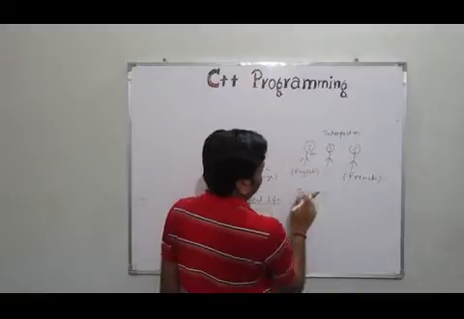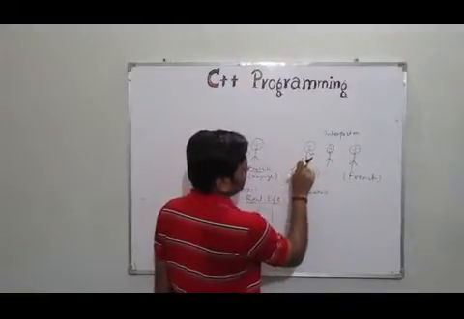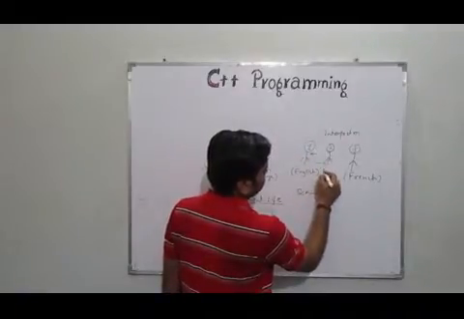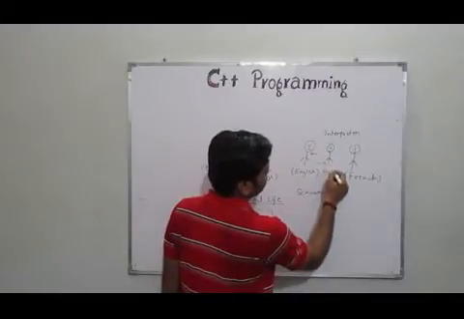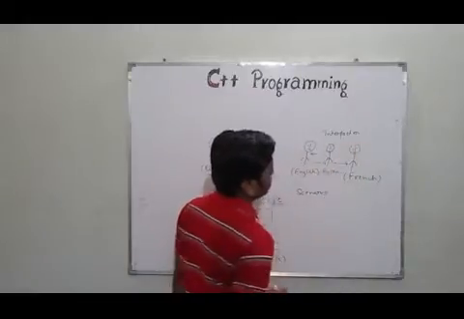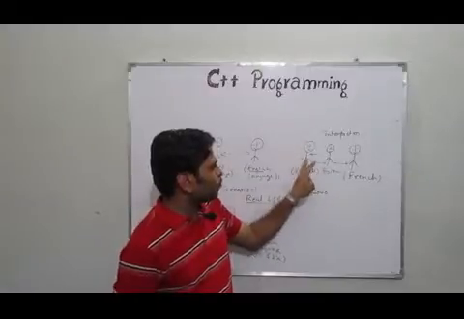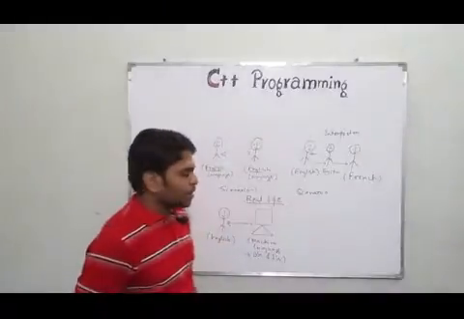This interpreter has knowledge of both languages. This person will pass his or her message to the interpreter in English, and the interpreter will convert it into French and pass the message to the second person. In this fashion, it becomes possible for both of them to understand each other's need and desire.